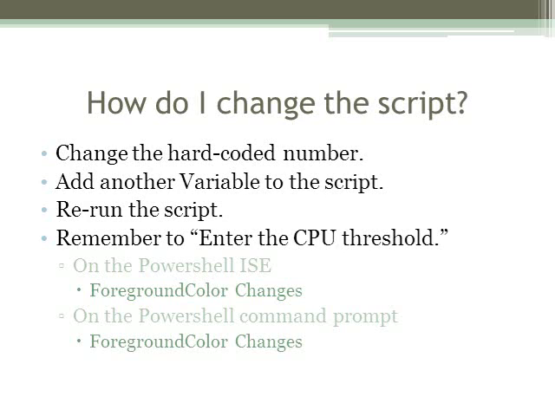Now, on the PowerShell command window, you go to the Start Run box, type the file name, and hit enter. But before you run the script, you always enter the CPU threshold.